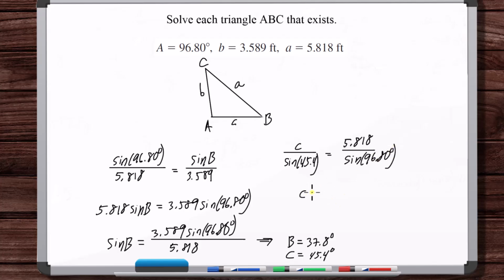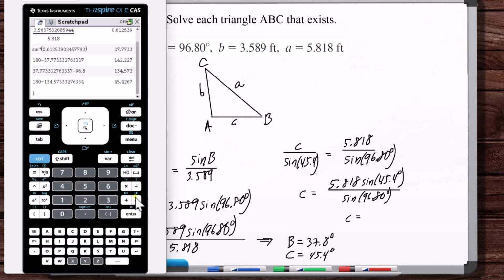So side length C is equal to 5.818 sine of 45.4 over sine of 96.80 degrees.